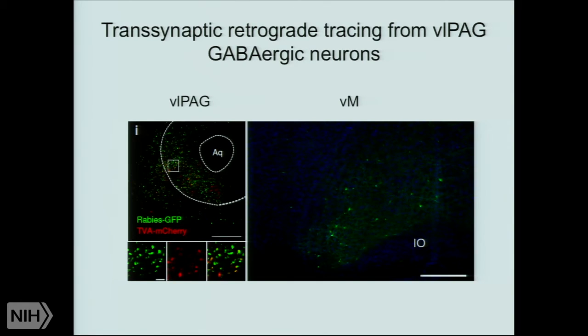But in any case, this is the starting region. We also see a lot of labeling in the ventral medulla. The VL-PAG and the VM are 2 millimeters apart, and yet the fact you see all these labeled neurons really shows that a lot of these neurons directly innervate the VL-PAG GABAergic neurons.